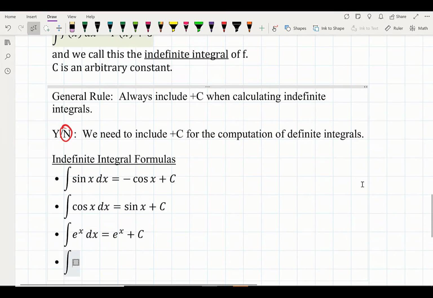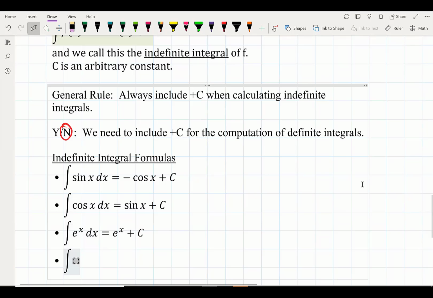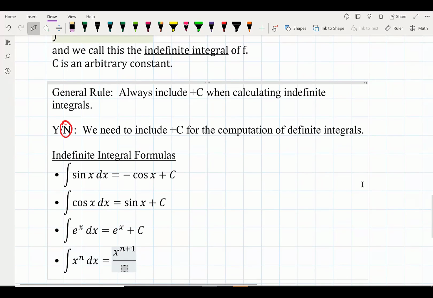How about, oh, here's an important one, the power rule. The antiderivative of x to the n is, let's see, add 1 to the power and divide by the new power.